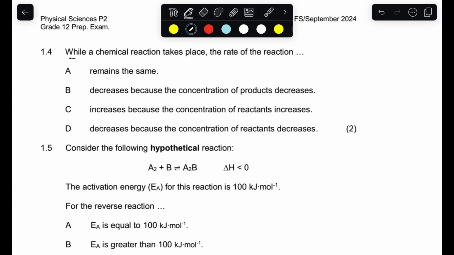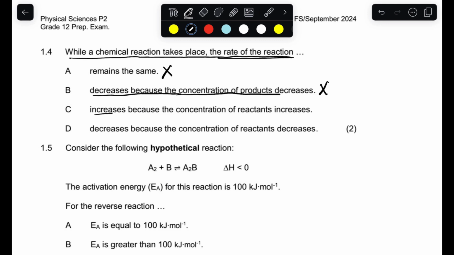Now 1.4, it says while a chemical reaction takes place, the rate of chemical reaction, what's happening to it? The rate of chemical reaction cannot be the same, right? It says decreases because the concentration of product decreases.